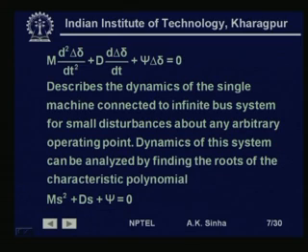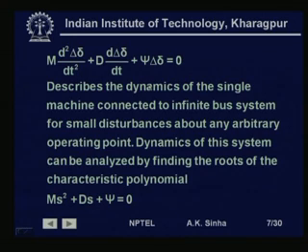The dynamics of this system can be analyzed by finding the roots of the characteristic polynomial. This is a second order polynomial; writing d2, the second derivative, as s, that is taking the Laplace transform, we get m s square delta delta plus d s delta delta plus psi delta delta is equal to 0.